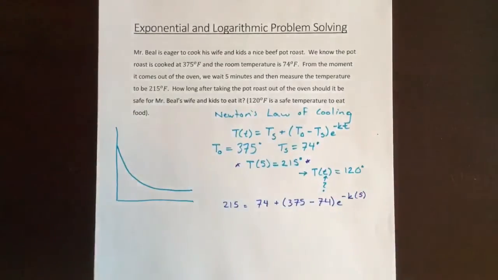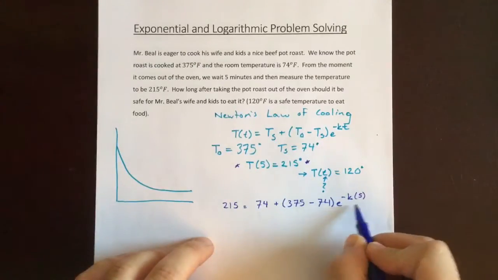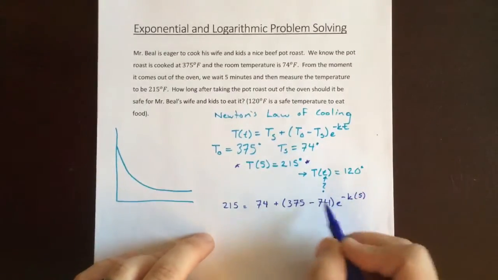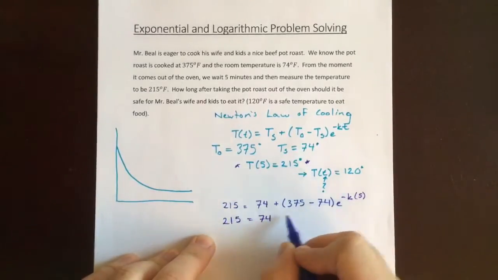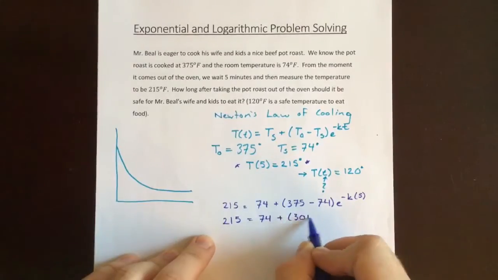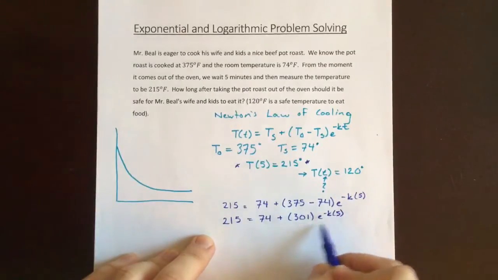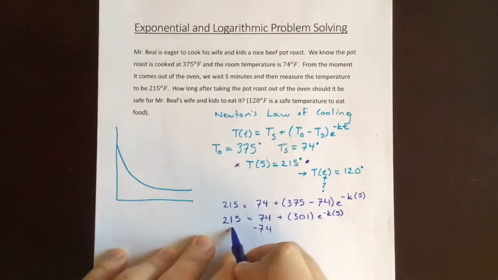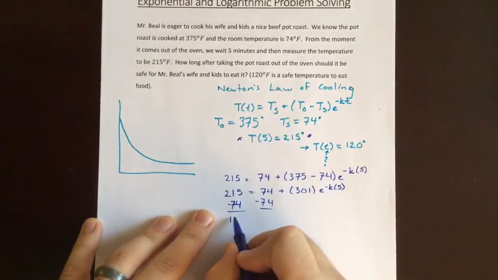This is an exponential equation that we just have to solve. Remember, with exponential equations, we're trying to get our exponential term alone. So let's do some simplification here. 375 minus 74 is 301. Then this is one group, so I'm going to subtract the 74, and in doing so, we get 141.